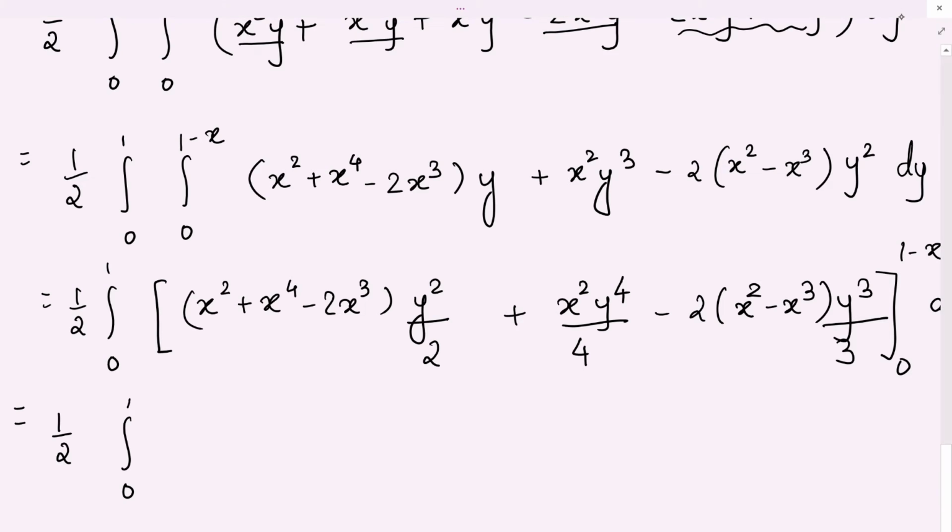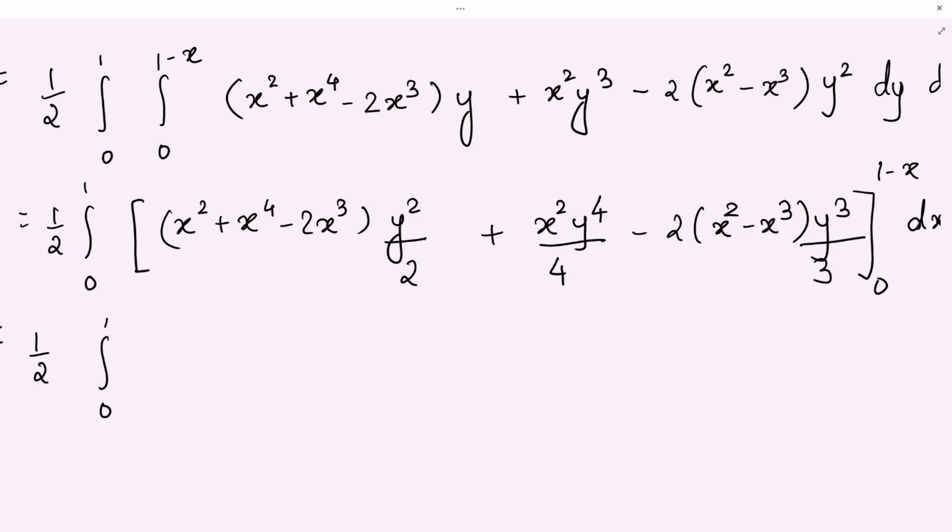Okay, so put the upper limit now. So that will be x square into (1 minus x) square, into (1 minus x) square by 2.